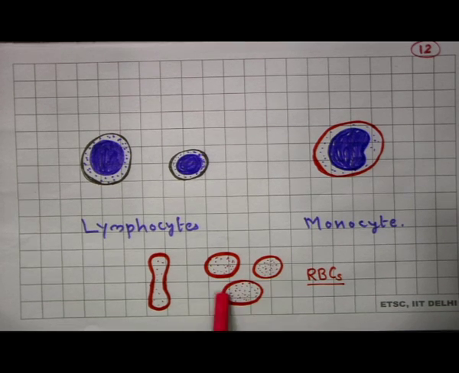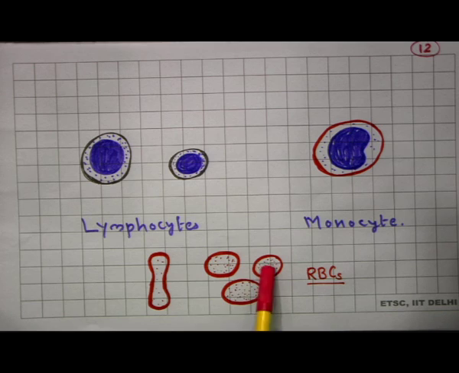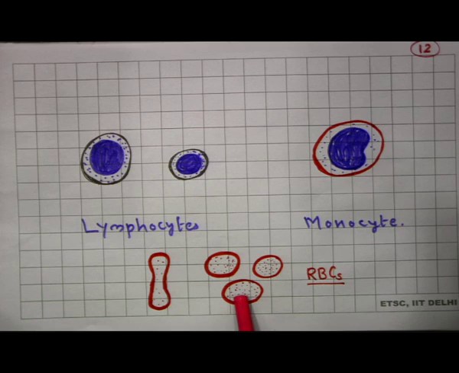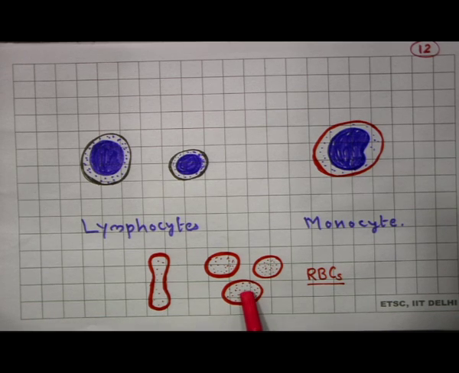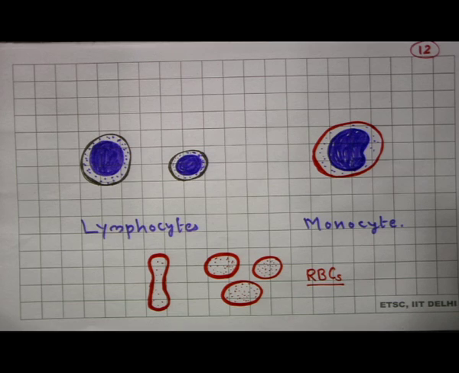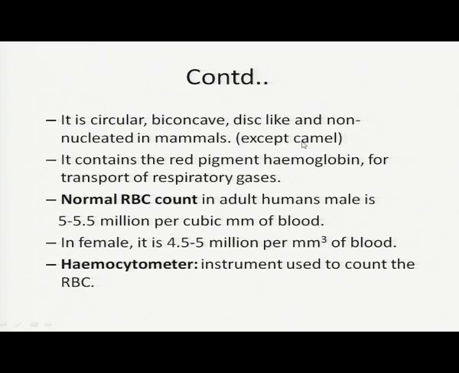Here there is no nucleus, but it is filled with hemoglobin. Why is the nucleus absent in the mature RBC? Because it can accommodate the maximum amount of hemoglobin. That is why mature mammalian RBCs are without any nucleus. The one and only exception that I have already told you is the camel RBC, which is nucleated.